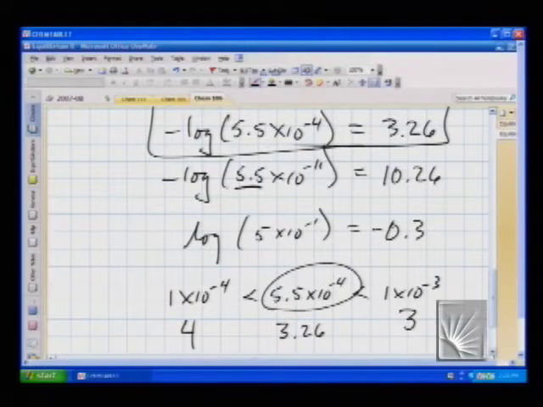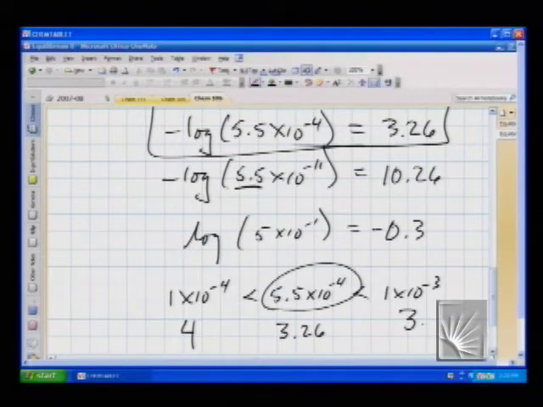We had talked about doing this without a calculator for a multiple choice type exam. Your answer, if you can bracket that concentration to powers of 10 that you can do negative logs of in your head, you can automatically say the answer has to be somewhere between 3 and 4.